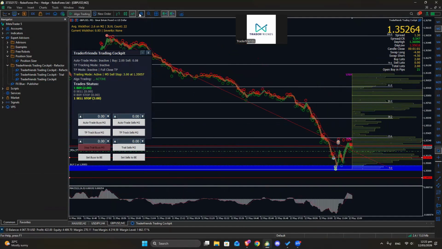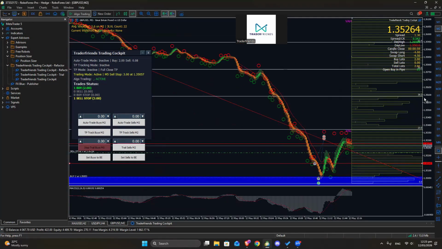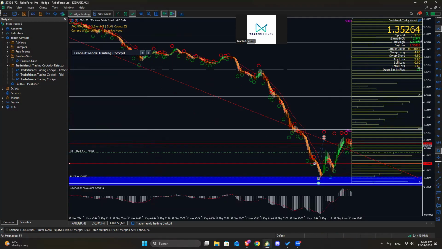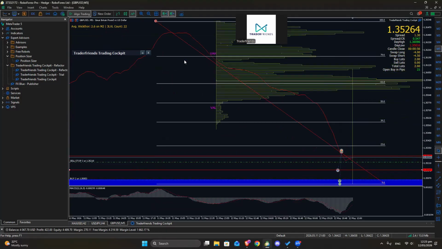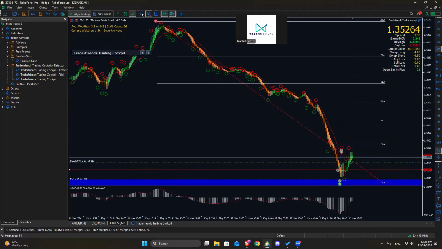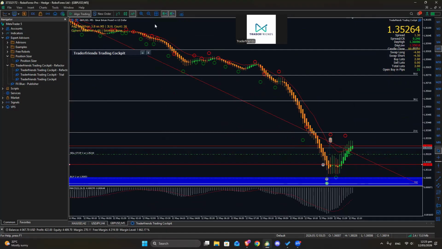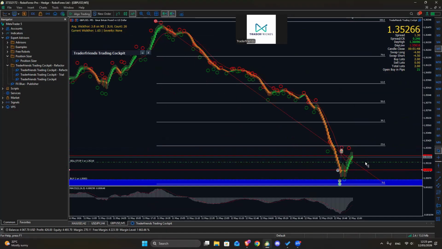If I zoom in now, you can see it actually moved my protective stop higher because we have a green circle. So I'm already in profit.